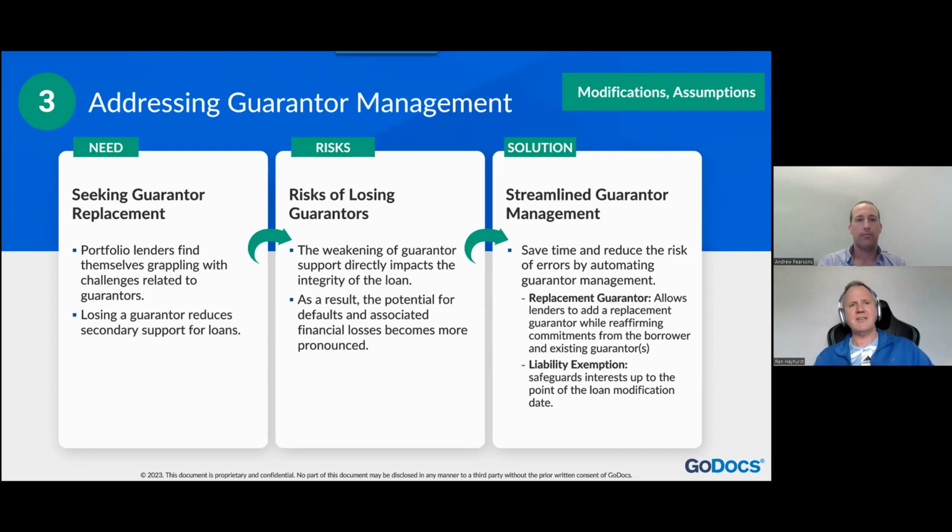So addressing these loan party issues, to be able to go in and in 15 minutes construct a modification that allows you to replace a party, allows you to substitute a party, or create a different borrower structure with the same existing parties is really critical.